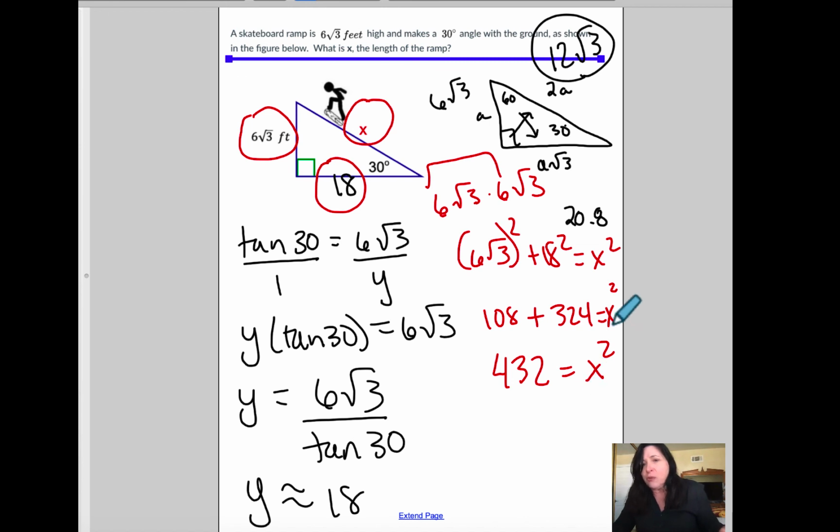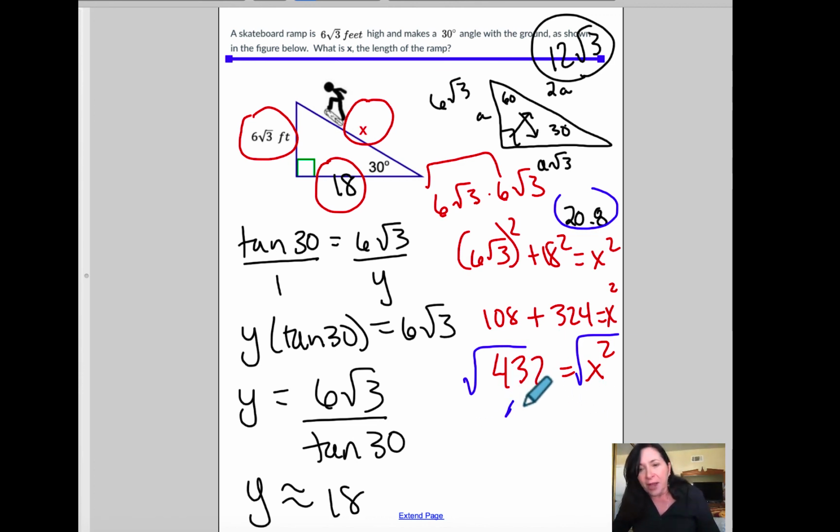Now all you have to do is square root both sides. If I were doing this with a decimal equivalent, the square root of 432 gives me 20.78, which is what I had here. But if I want the exact value, I'm going to start with 432 and divide by 4.